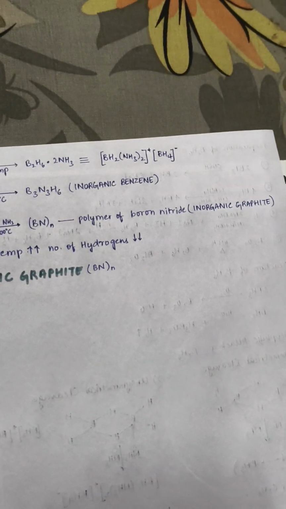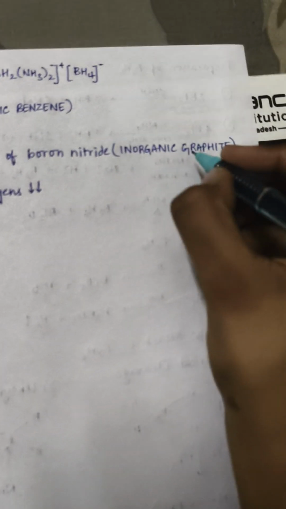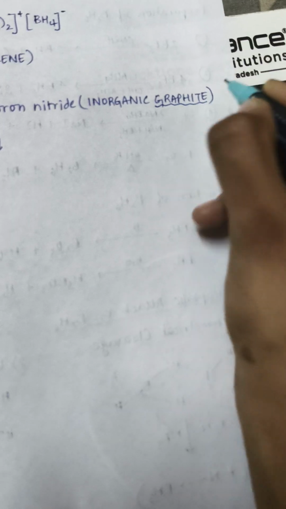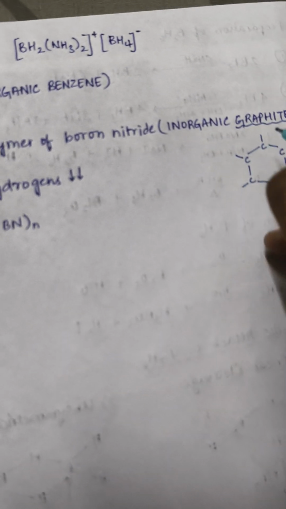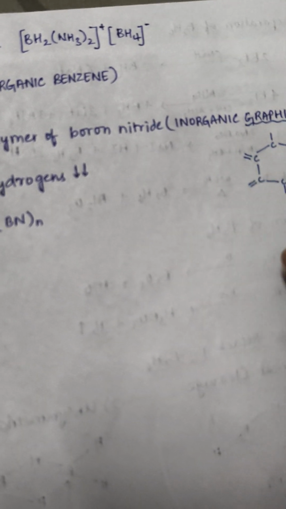So we know that graphite literally looks like this, and then you have double bonds here, so that's how graphite is.